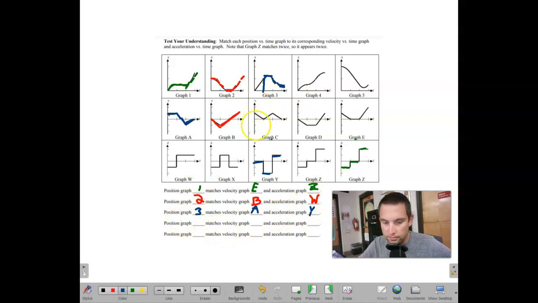Position graph 4. Let's get a different color. Let's go with black. X versus time. What's happening here? We have a slowing velocity. Starts out some positive, and then it starts slowing down until it gets to 0 for an instant.